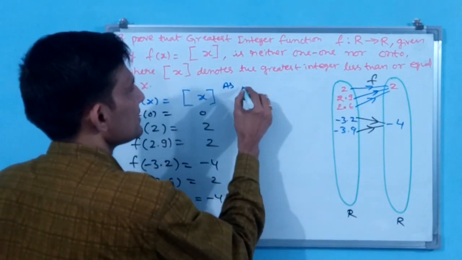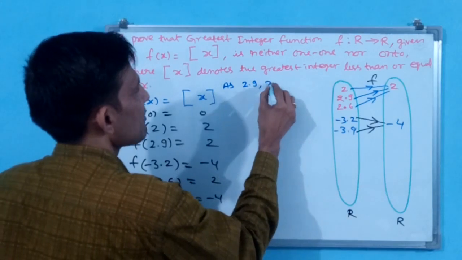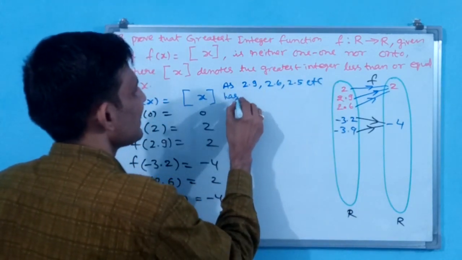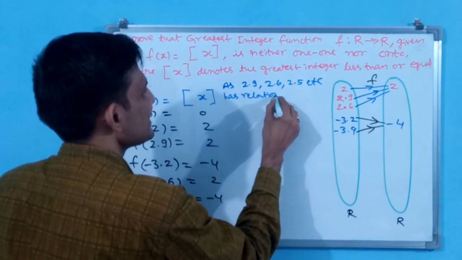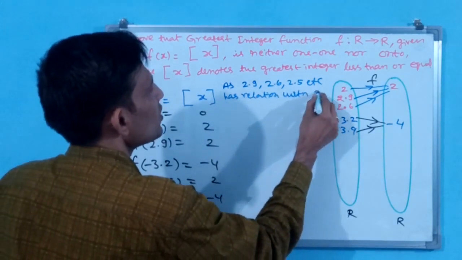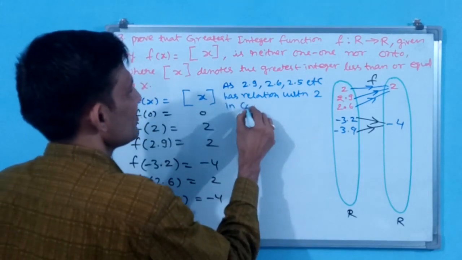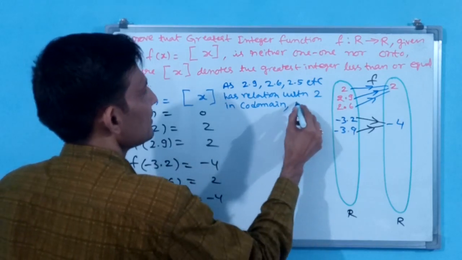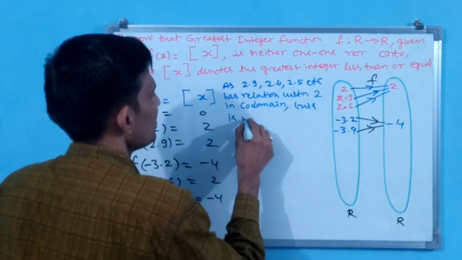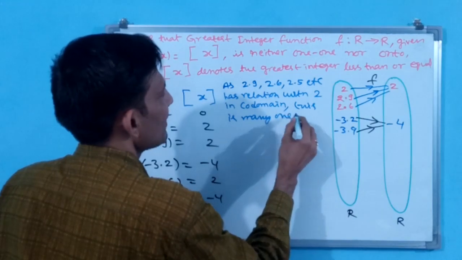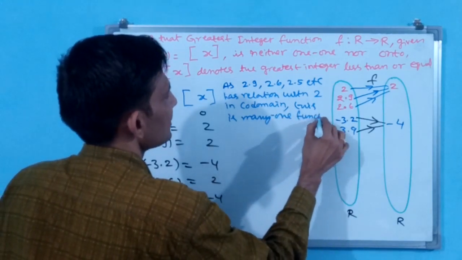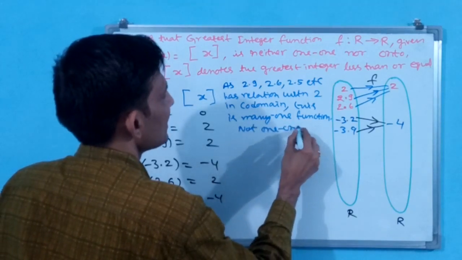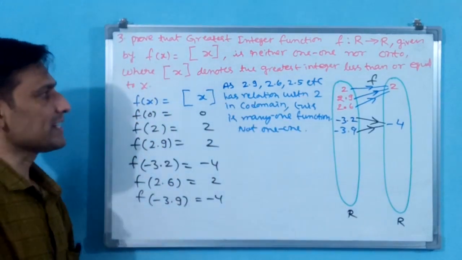As 2.9, 2.6, 2.5, etc. have relation with 2 in codomain, this is many-one function, not one-one. Not one-one, you have to write clearly.